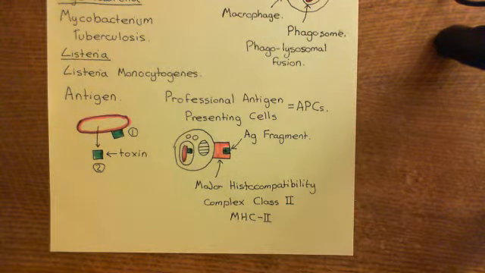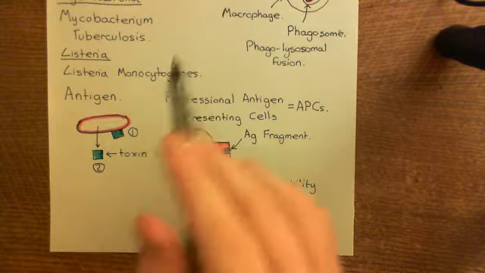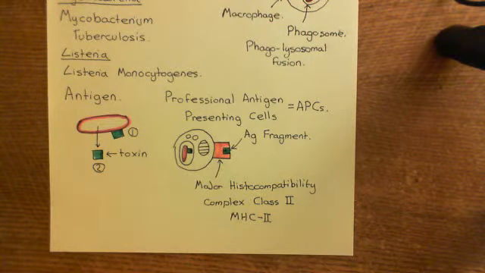So, whenever you have an antigen which is within a phagosome and you're breaking it down into fragments, those fragments will be put on your surface on MHC Class 2. That is important. Whenever it comes from a phagosome, it goes on to MHC Class 2, not MHC Class 1. If it comes from the cytoplasm, it goes on to MHC Class 1, and that will be important when we look at the cytoplasmic pathogens later.